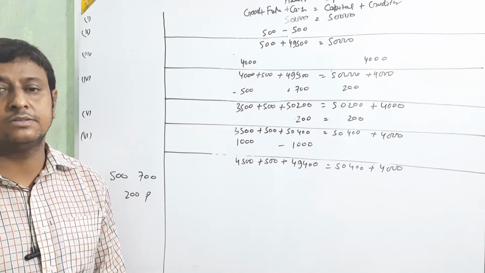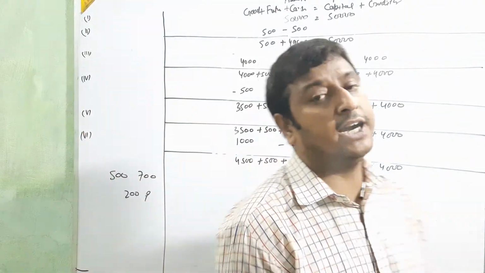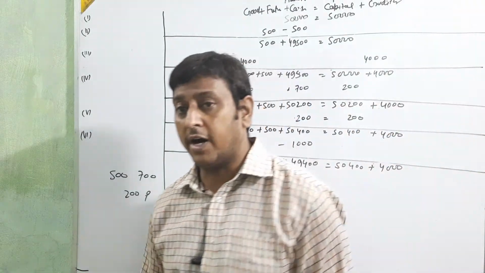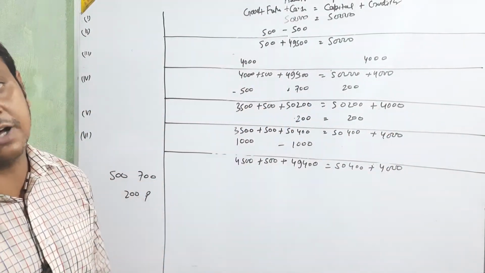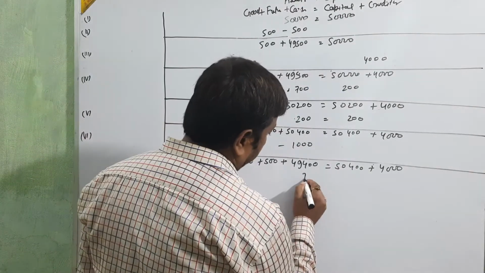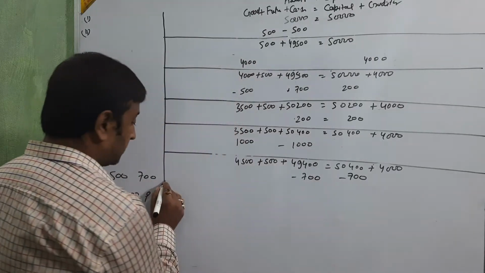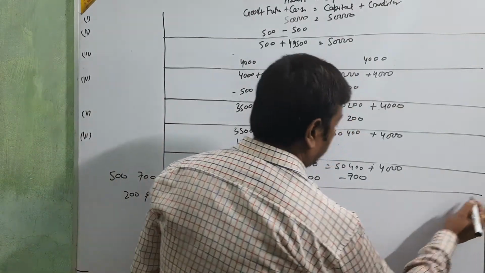Withdrawal for personal use 700 means drawing. Drawing also we are going to deduct from the cash and capital, beta. Minus from both.